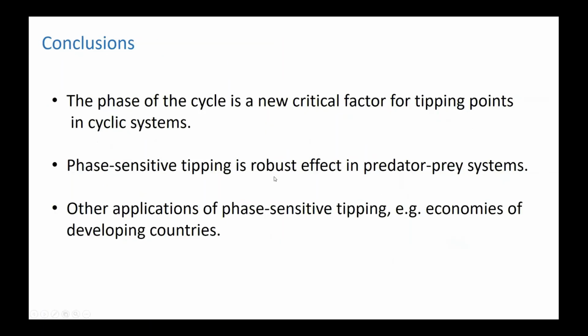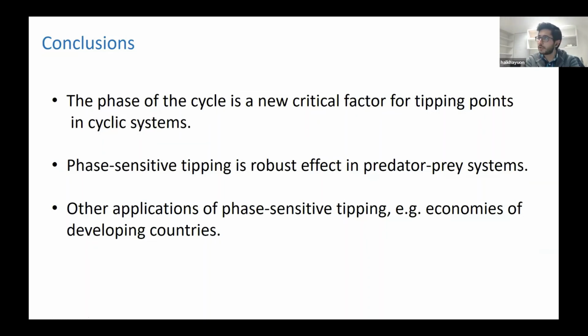Just to conclude, we identify the phase of the cycle as a new critical factor for tipping points in cyclic systems, in addition to the well-known factors such as bifurcation rate and noise. We also would like to point out that this effect of phase-sensitive tipping is pretty robust in predator-prey systems.